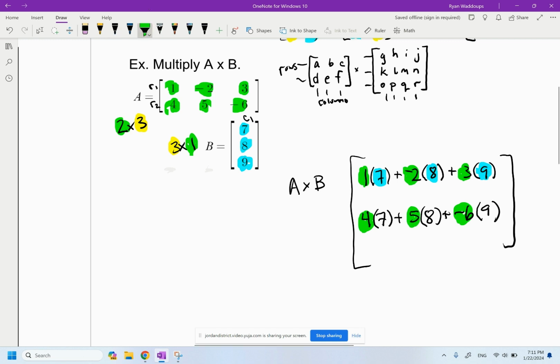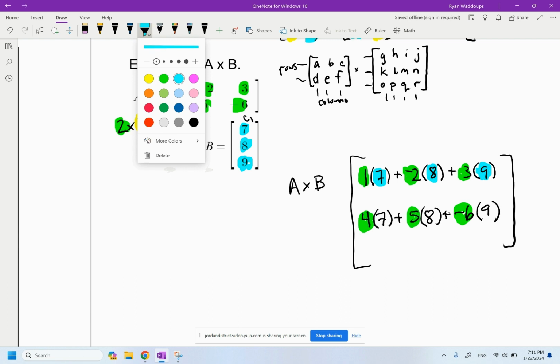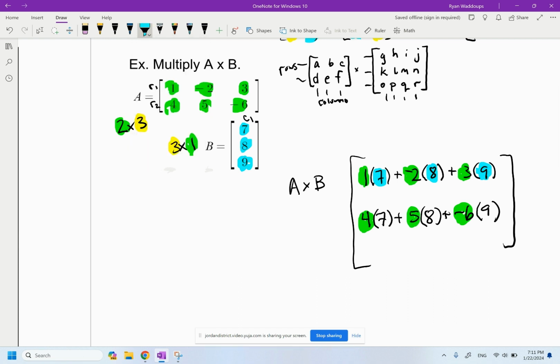These numbers right here are still the same: 7, 8, and 9. And now we'll just work through and crunch those numbers.